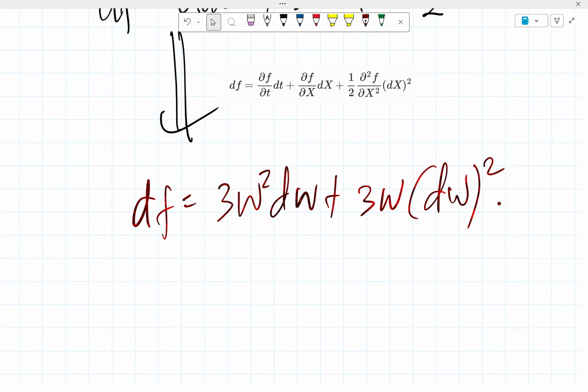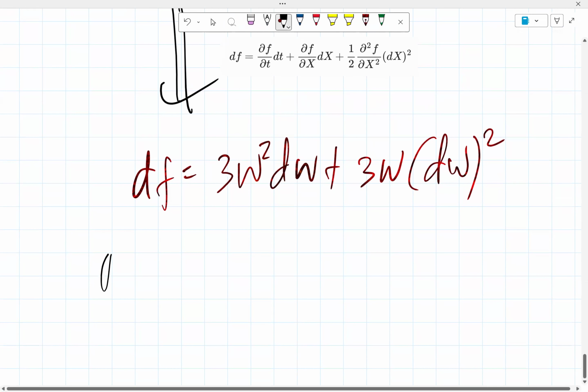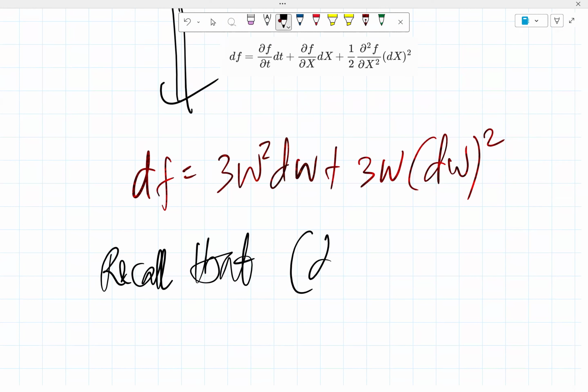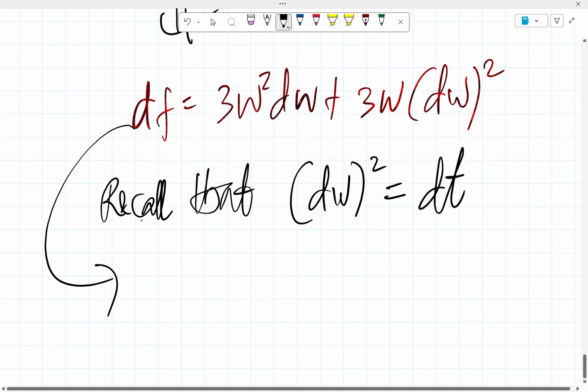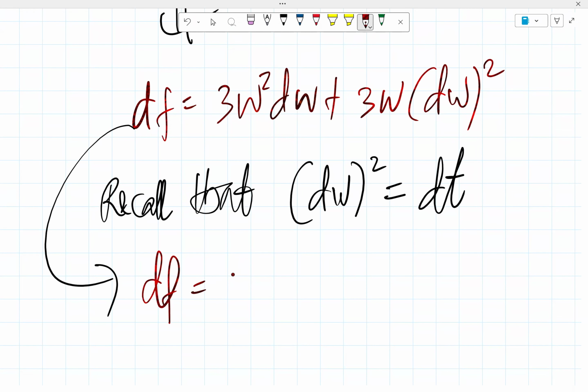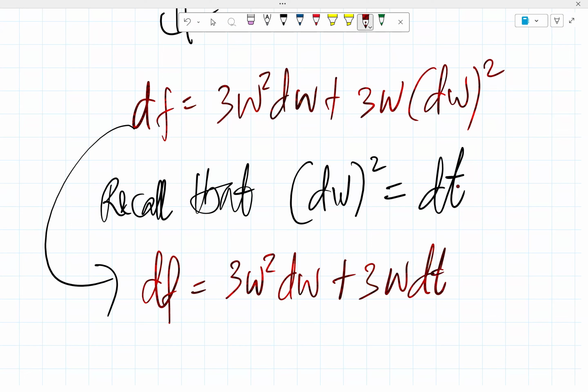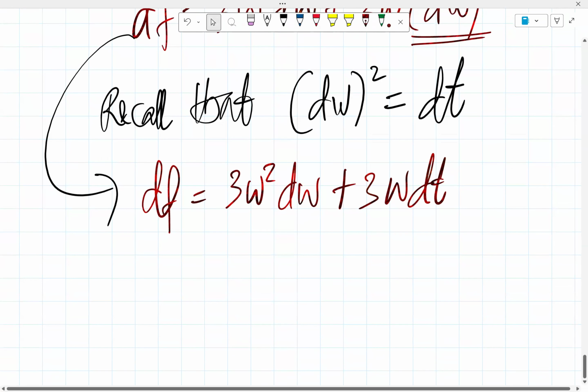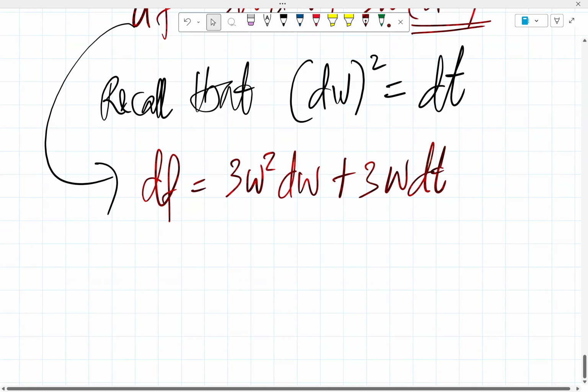And you recall that (dw) squared is the same thing as dt. So it means that df equals 3w squared dw plus 3w dt, because this part now is dt. And with that in place, we can then rearrange.